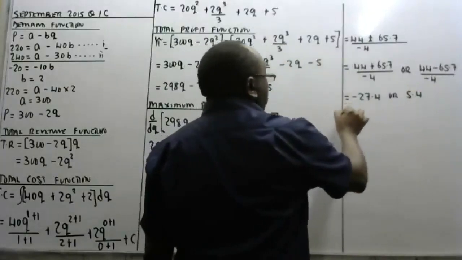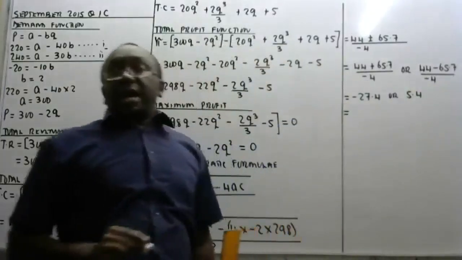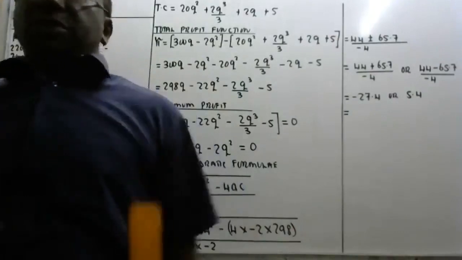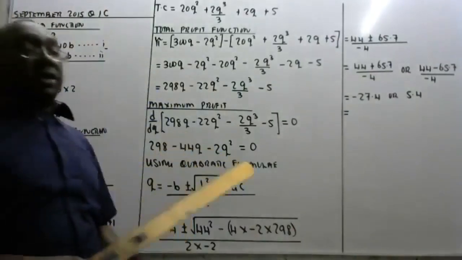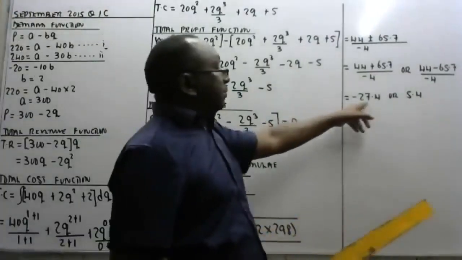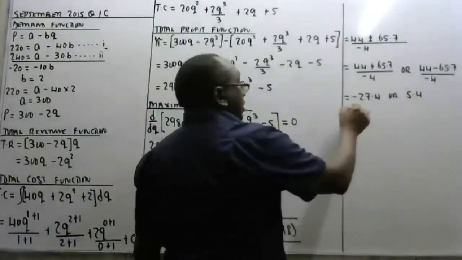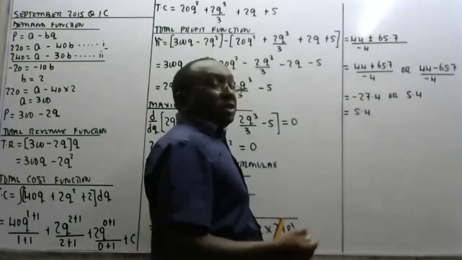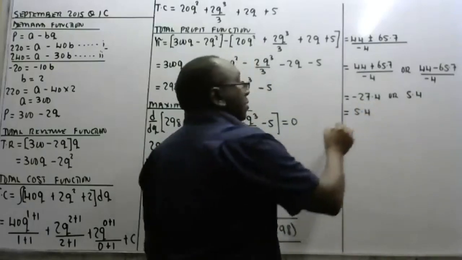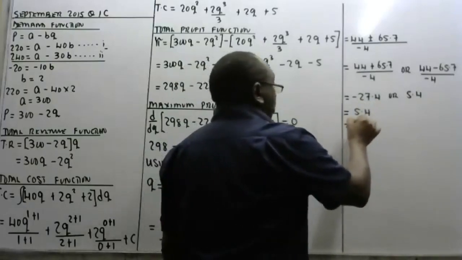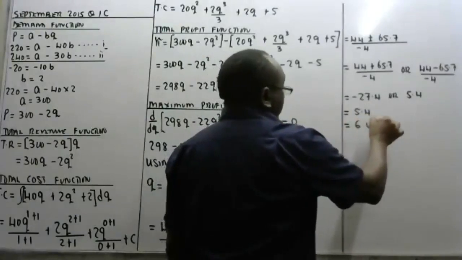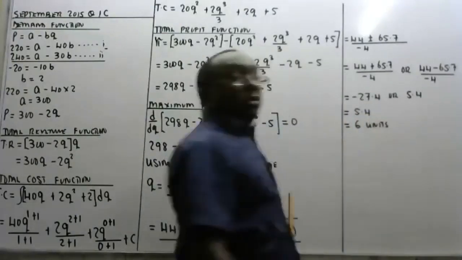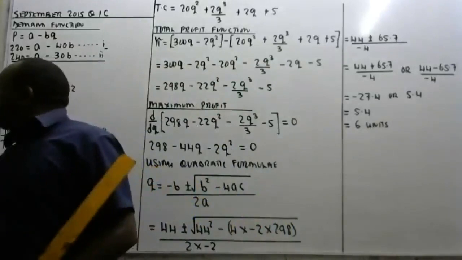Because you cannot have a negative value for units, we will disregard this one and take the positive 5.4, which is around, if you round up, 6 units.